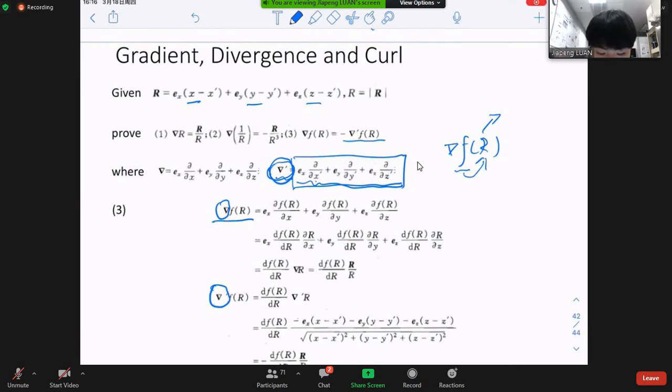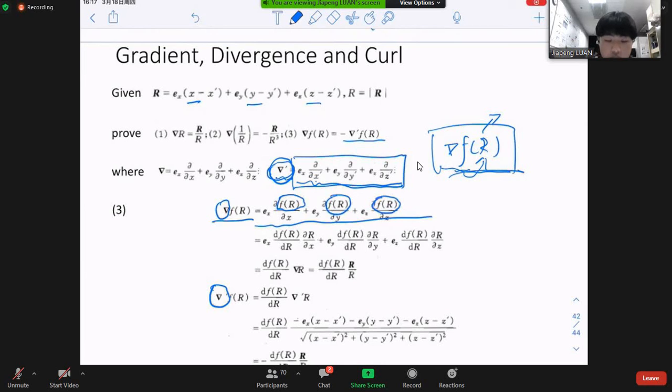So how to calculate this? So you still do this step by step. So what is the gradient of this thing? Yes, you have f of r, and f of r.